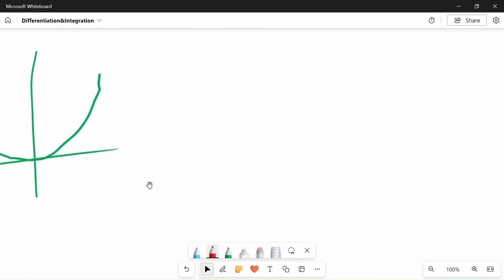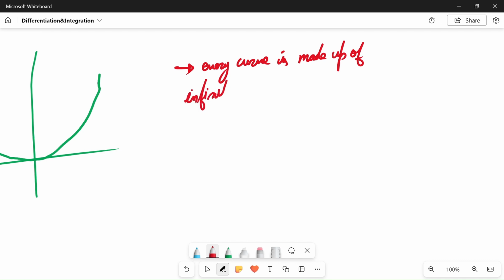And the thing is, every curve is made up of infinitesimal straight lines.